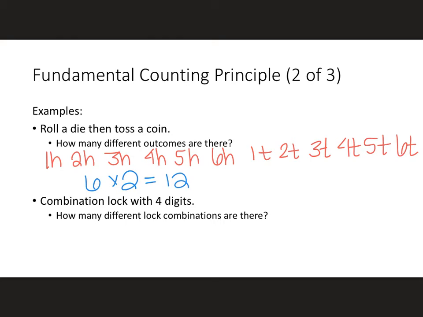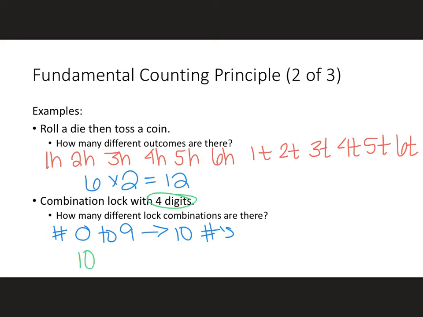Let's look at a combination lock that has 4 digits. So how many different lock combinations are there? Okay, you have to remember, for a lock combination, your numbers are going to be 0 to 9 on each digit. Well, if you count 0 to 9, that's 10 numbers. We have a lock with 4 digits.